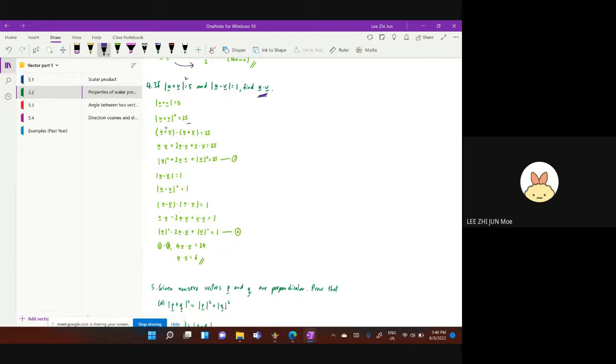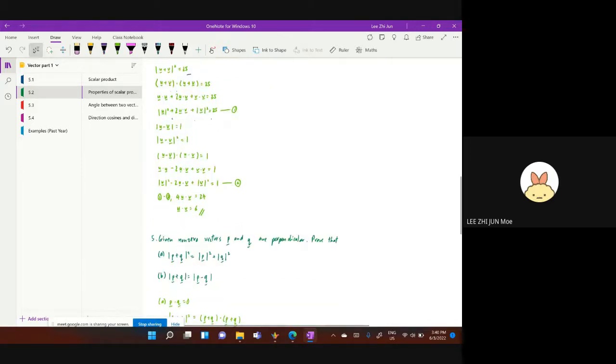So (U plus V) dot (U plus V). So I get the first equation, U squared plus 2 U dot V plus V squared equals 25. And the U minus V is also the same. I square it. 1 squared equals 1. So I also get U squared minus 2 U dot V plus V squared equals 1. So I have these two equations.